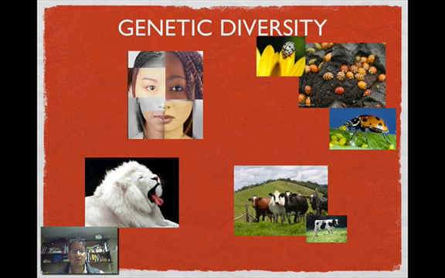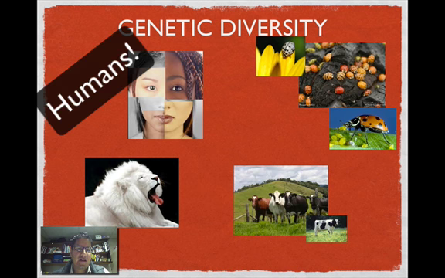So going on, the first part of biodiversity is genetic diversity. You don't have to look very far to find this idea illustrated. Just look at the human race. We have one human race, but within that human race we have very many types of individuals.